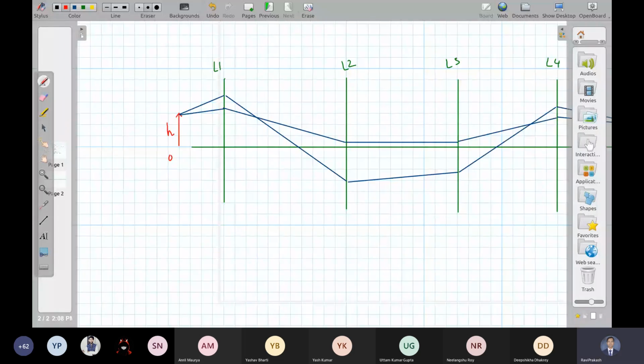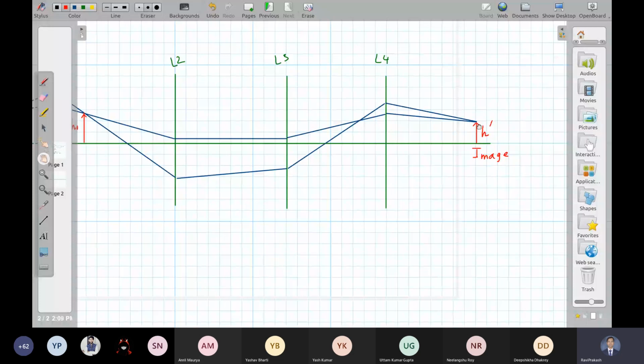If I ask you this question: I do not put anything here, there is nothing here. Instead, I put not the same object, but some other object here, of a different height. Let us say this height is h1. What will be the new position of the image? Can you tell me where the image will form for h1?